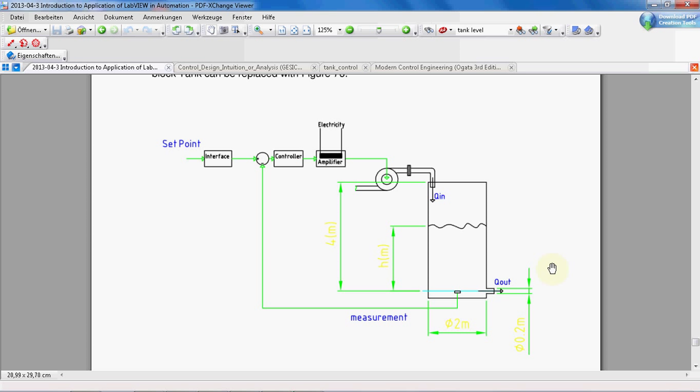This is the maximum Q out because the level of the tank is at the maximum height.